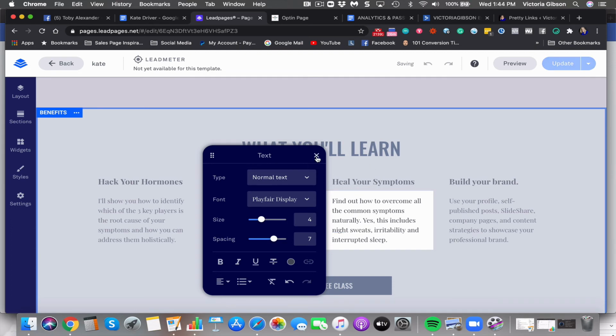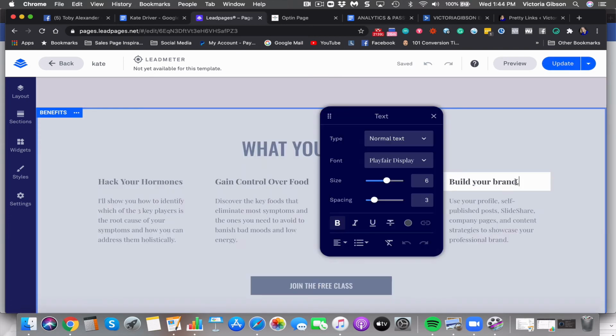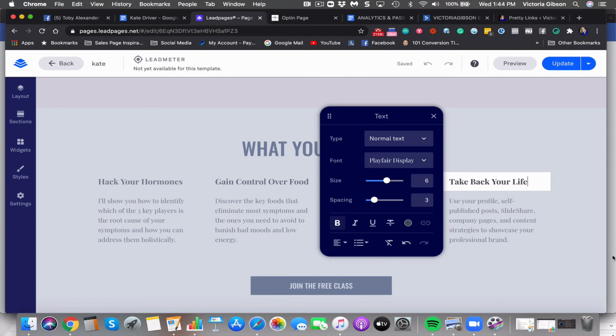So that's what we want with our copy: heal your symptoms, hack your hormones, regain your life, take back your life, because they're kind of hostage to their hormones, right? Hostage to your hormones is also a good one. Take back your life.